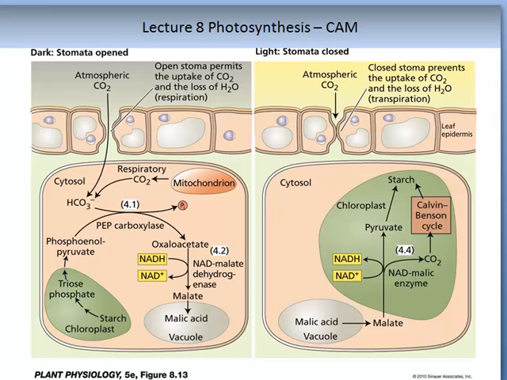This process has a regeneration stage. While during the light hours, stomata are closed, as you can see from the right-hand image. In the cytosol, malic acid is released from the vacuole as malate and then is transferred into the chloroplast, where the CO2 is used in the Calvin-Benson cycle for the production of glucose and then starch.